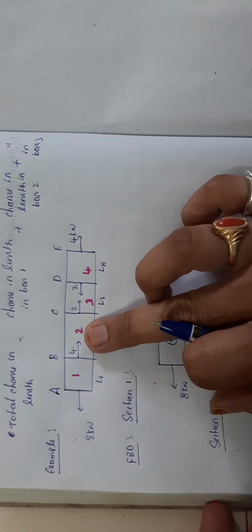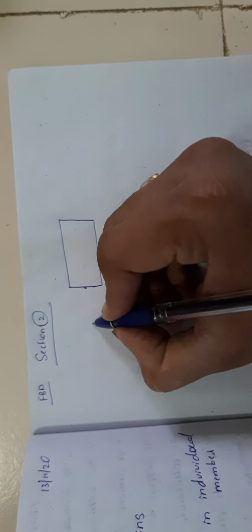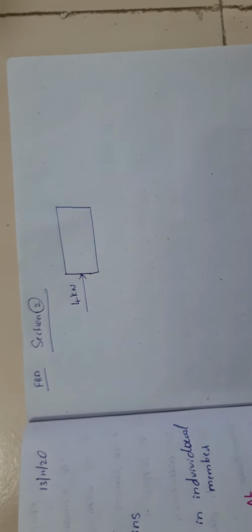In section 2 we already have 4 kilonewtons, right? I am drawing section 2. This is already there, right? On the other side it is 2 kilonewtons, right?